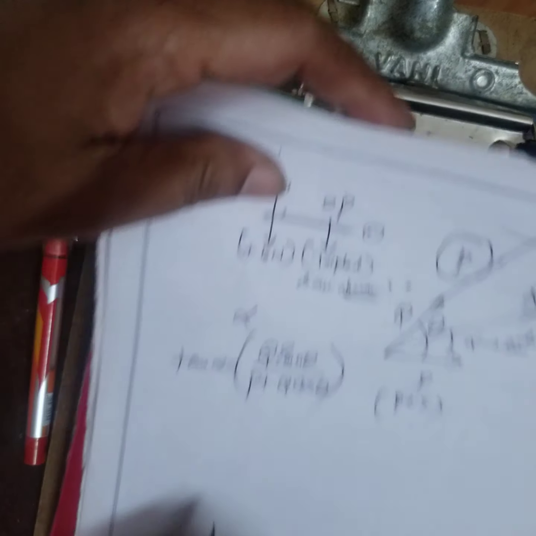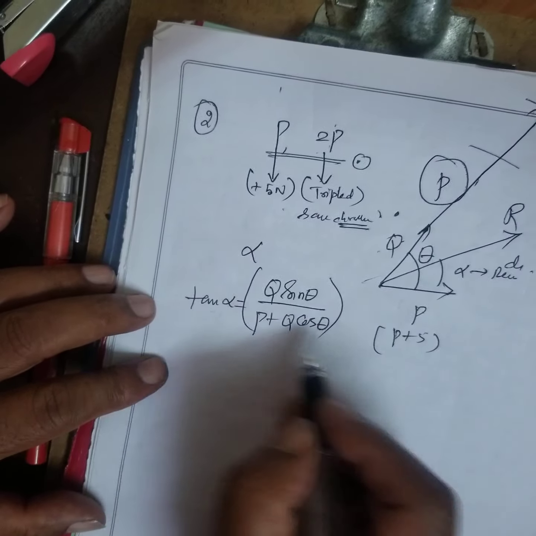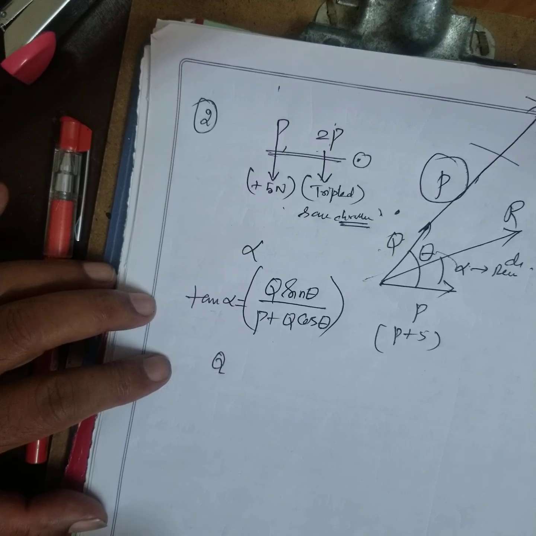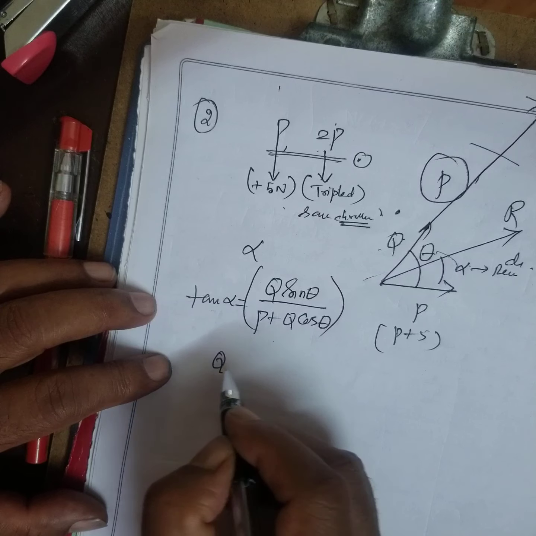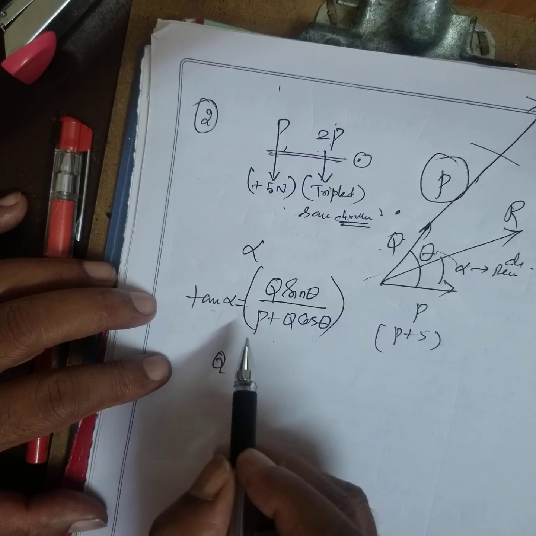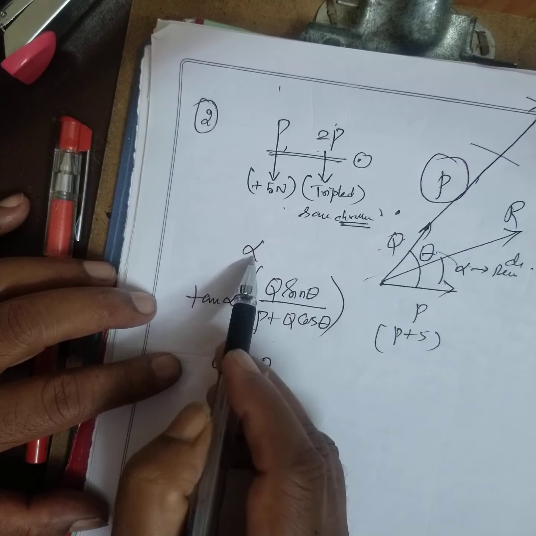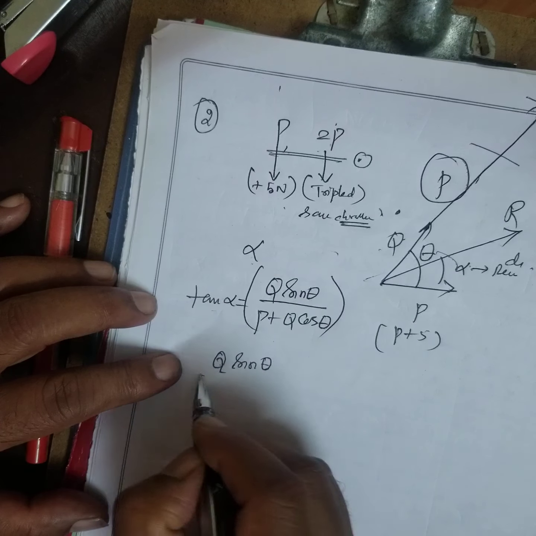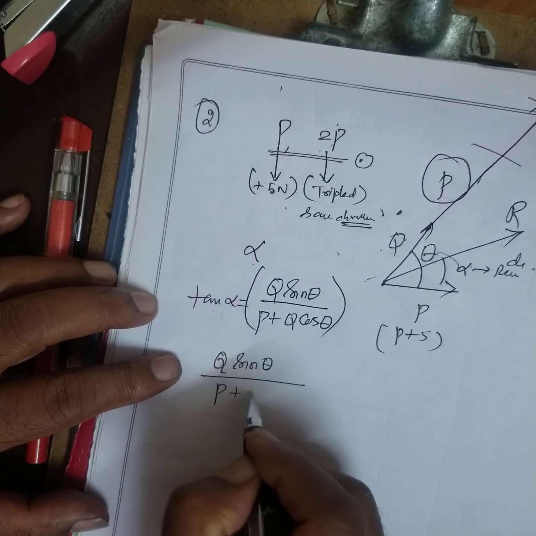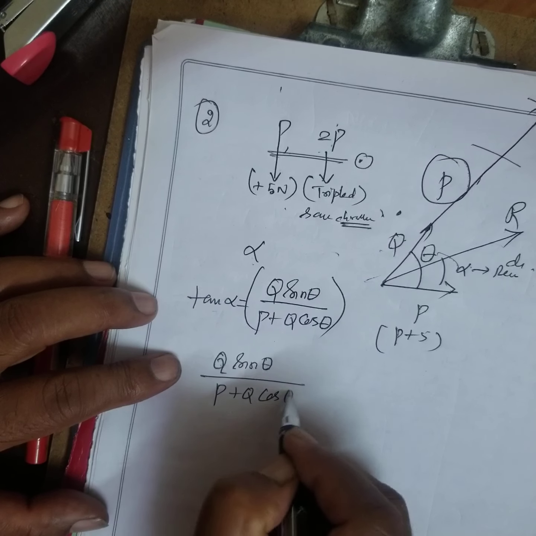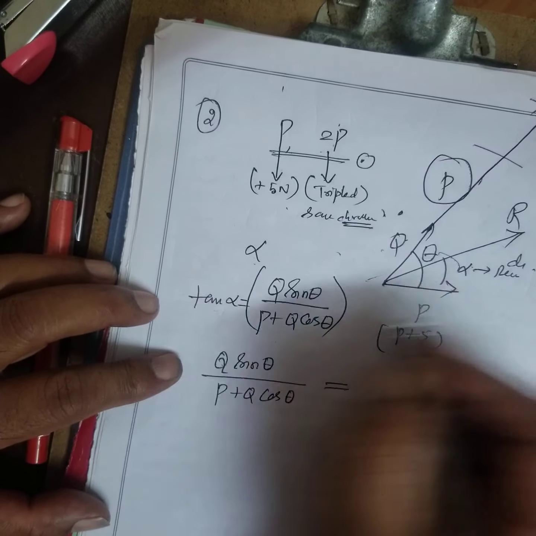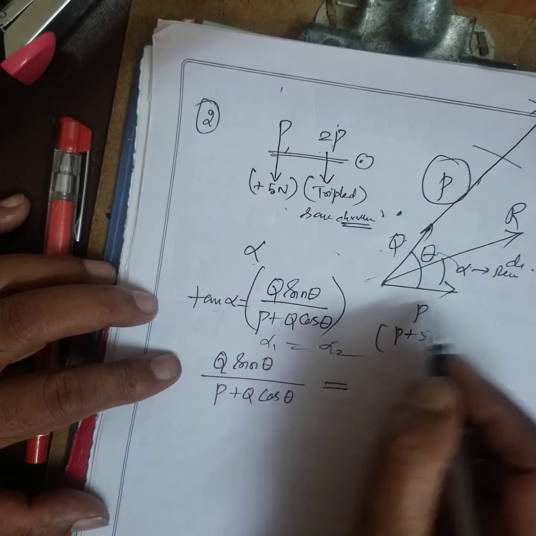Alpha is the same, and theta is the same. So alpha 1 equals alpha 2.